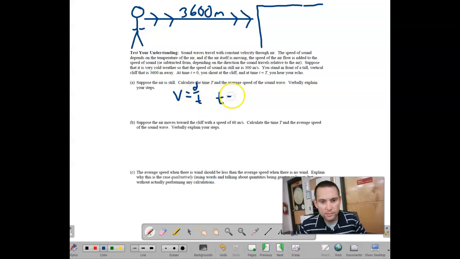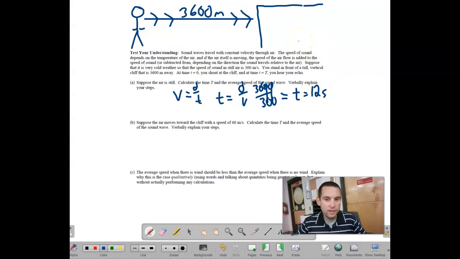If we solve for time, then we get t equals d over v. So the distance, 3,600, divided by 300, the speed that it is moving on a very cold night, becomes 12 seconds, right? That's not the right answer, but that's the line of thinking.